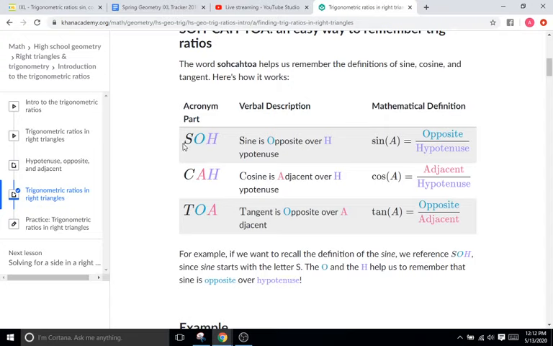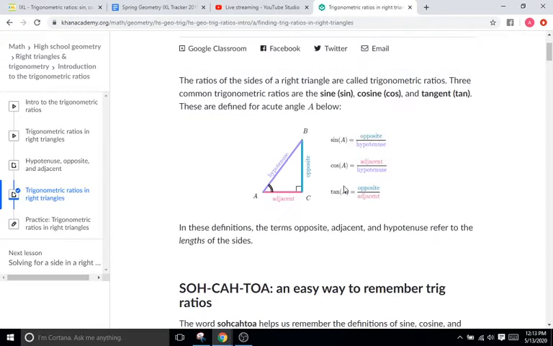Okay, so for instance, S is sine, O is the opposite, H is the hypotenuse. So we have sine equaling the opposite over the hypotenuse. CA is cosine, adjacent over hypotenuse, and then tangent is just the opposite over the adjacent. And so this is the diagram that's really going to carry you through this IXL right here.